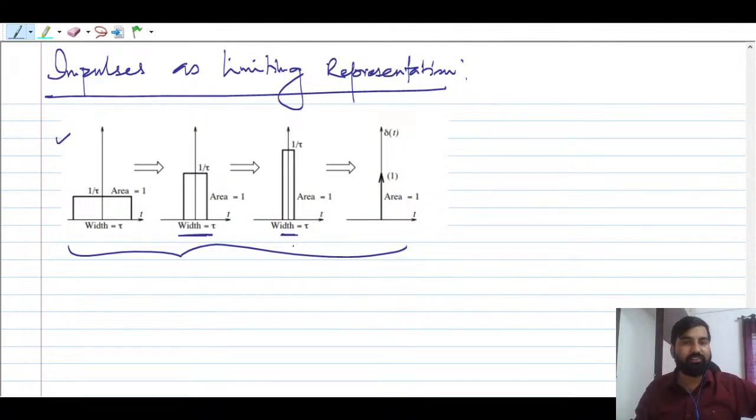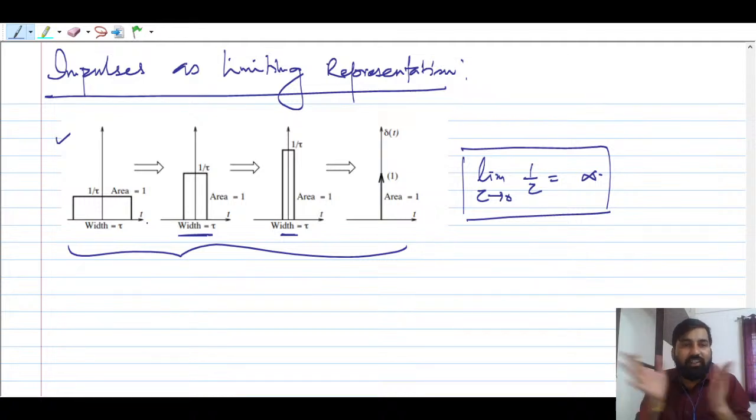Now if you make the width small, tending to 0, this is a very important concept: limit tau tending to 0 of the pulse 1 upon tau is going to give you delta of t. How? The height is nothing but infinity.